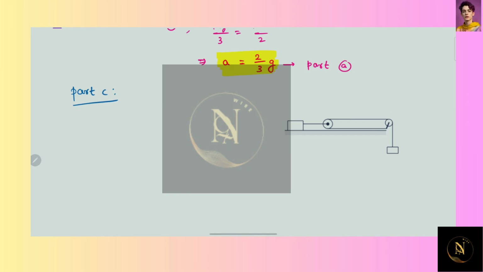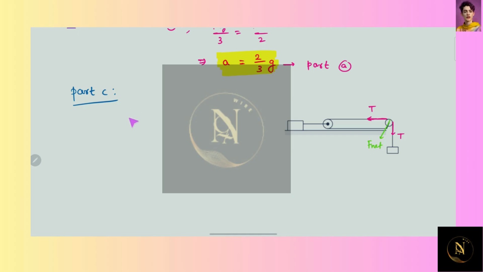For part C, here you can see that on this string the tension force on the fixed pulley is towards left, that is T, and downward also the force is T on the fixed pulley. So the net force on this pulley due to these two tension forces will be acting in this way, that is the F net.